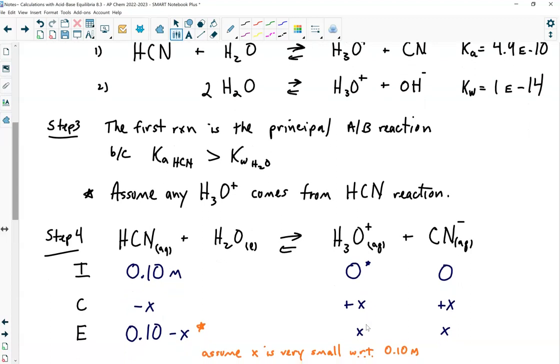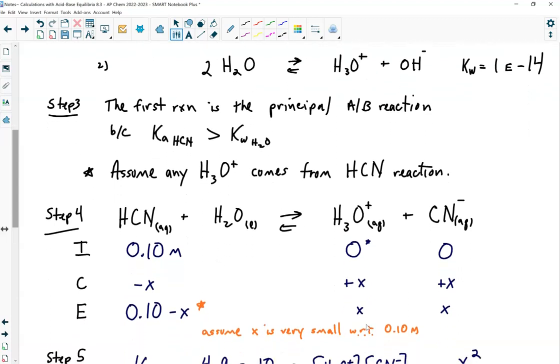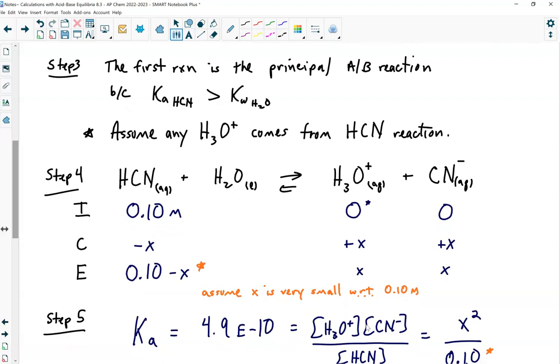Because HCN is the stronger acid, you are going to assume that the H3O that appears at equilibrium is going to be due to the HCN. But again, that's what this little star here is on the initial concentration of hydronium, right? We know that the water has produced a little bit of hydronium by itself, but we just call it 0, because think about this.